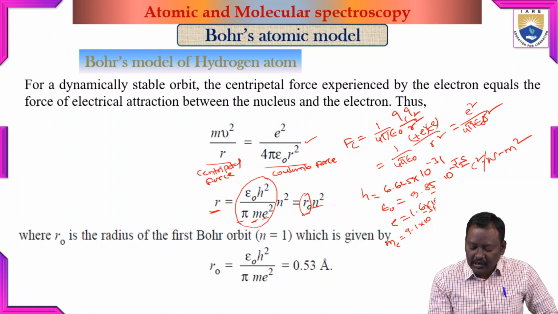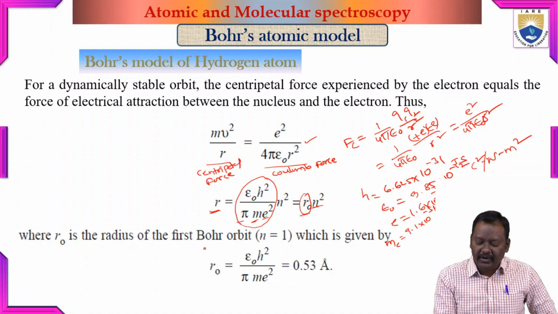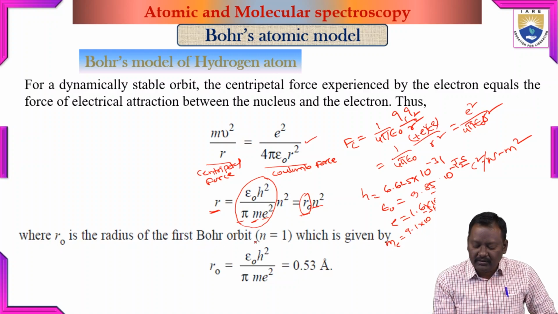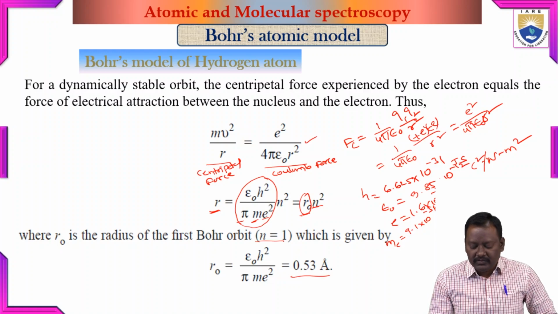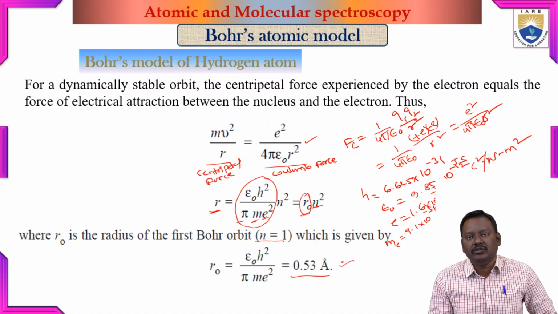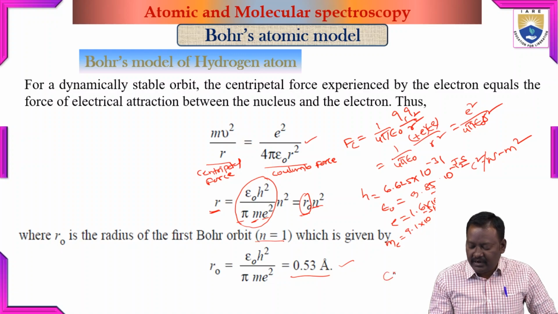If we evaluate this constant r naught, for the first orbit, called the Bohr first orbit, for n equal to 1, we obtain 0.53 angstrom. So for hydrogen, Bohr's first orbit radius is 0.53 angstrom.